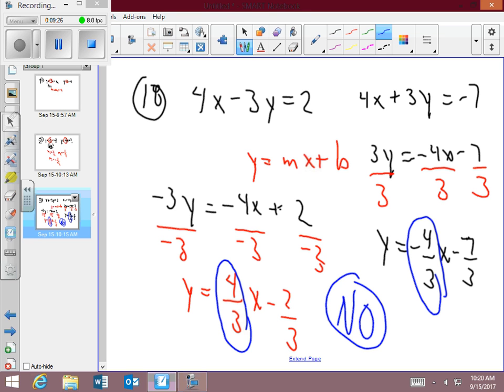Now, I want to show you something that will help us a little later on. Notice the numerical coefficients. The terminology is this: a numerical coefficient is a number that's multiplied by the variable. So the negative 3 is the numerical coefficient of y. Then what's the numerical coefficient of x in this one? 4. What's the numerical coefficient of x here?